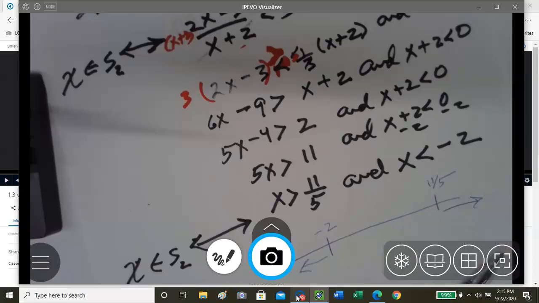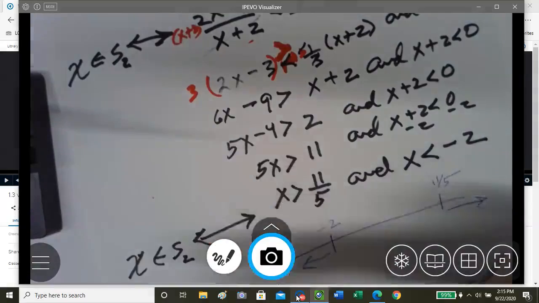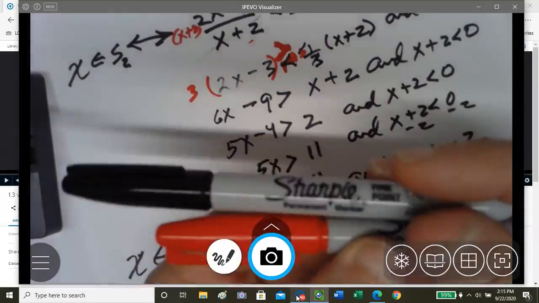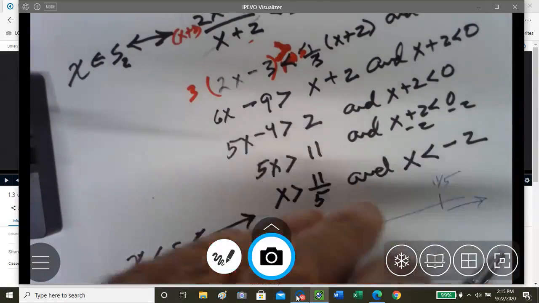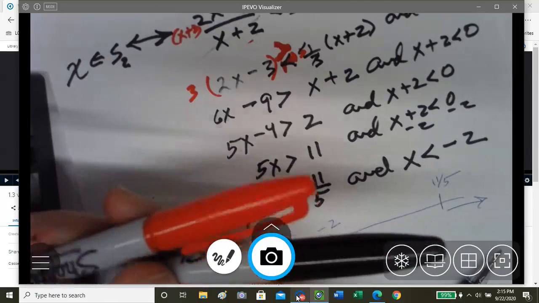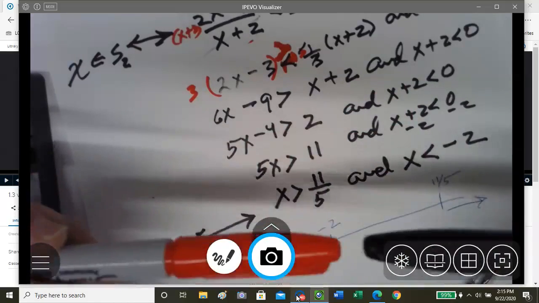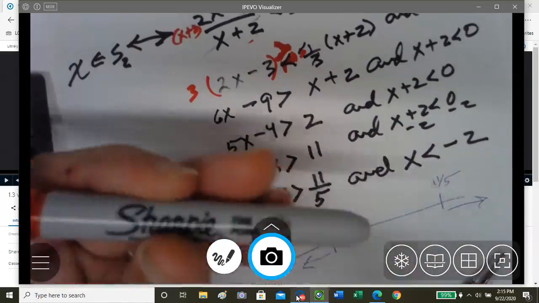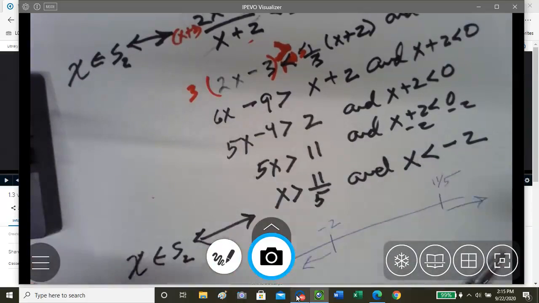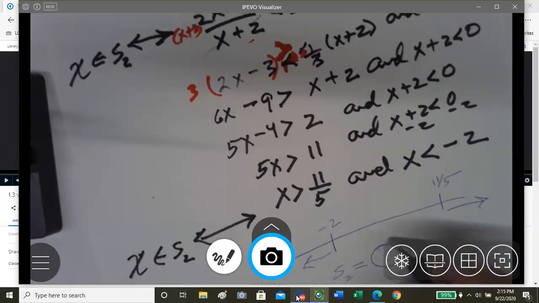You can have them going in both directions, or both positive, or going toward each other, but you can't have them going in opposing directions because there's no intersection. So in that case, S2 is an empty set.